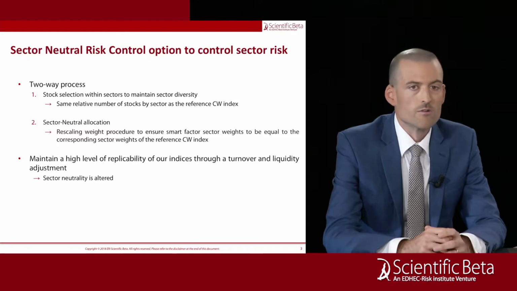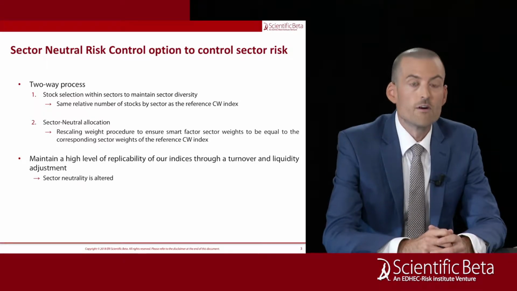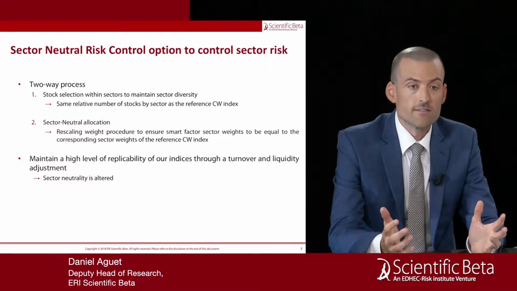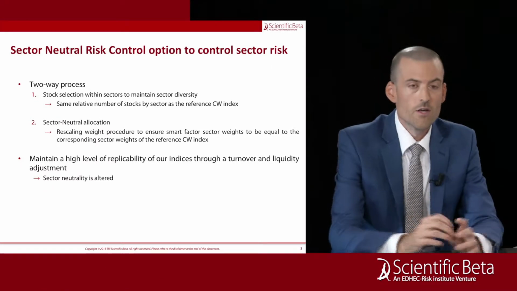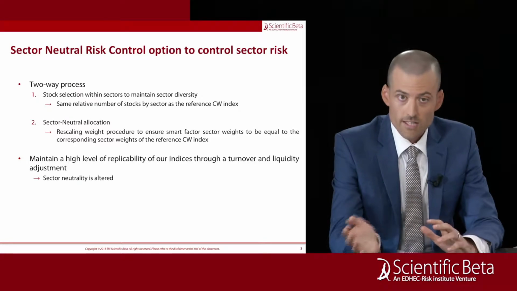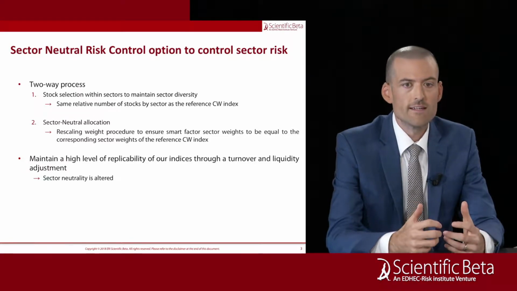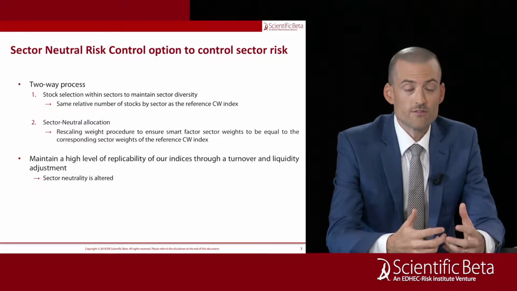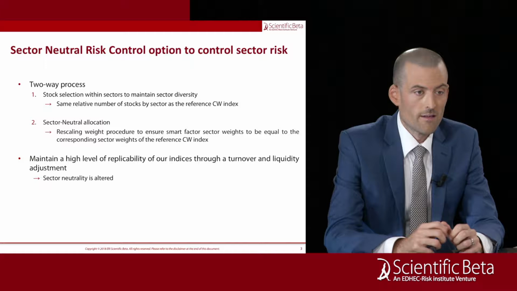And how would you suggest we control for these sector risks? So we have a two-step process to control sector risk. The first is based on stock selection. Instead of doing the stock selection in the whole universe, we select stocks in each sector. We do that to maintain the sector diversity of the stock selection, to avoid being concentrated in a few sectors.